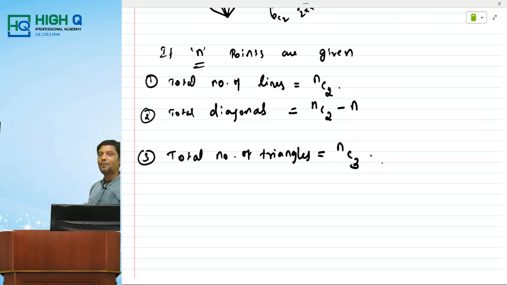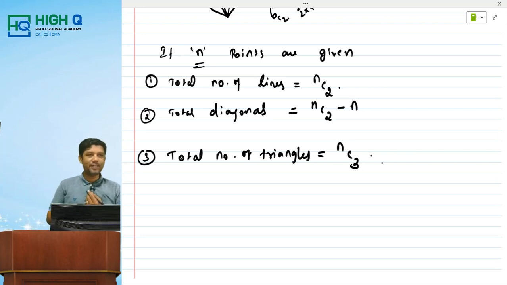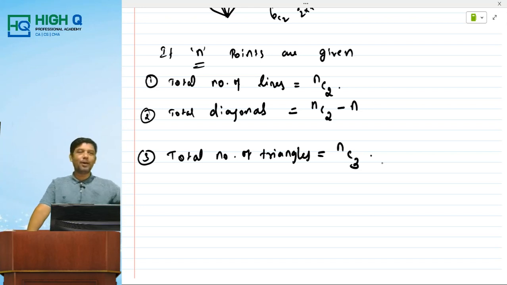Fine. If 20 points are given, how many triangles can be formed? 20C3. If 15 points are given, how many quadrilaterals can be formed? How many points are needed? That has to be selected, right? 15C4. Is that right? 20 points are given.